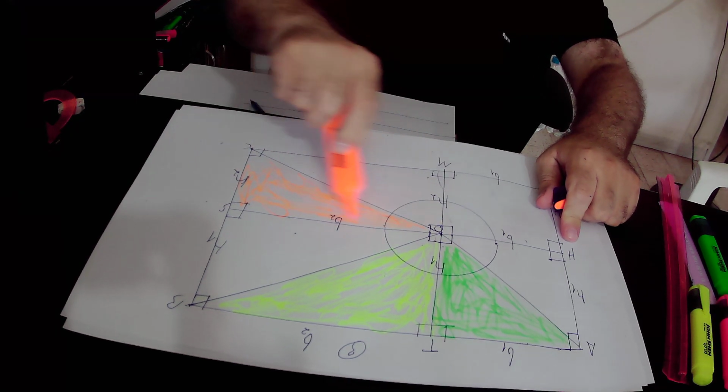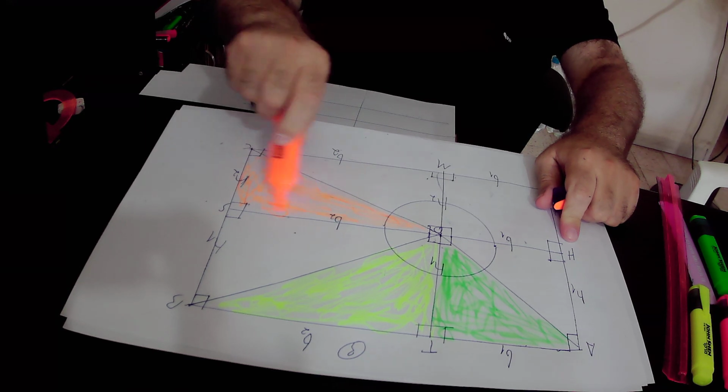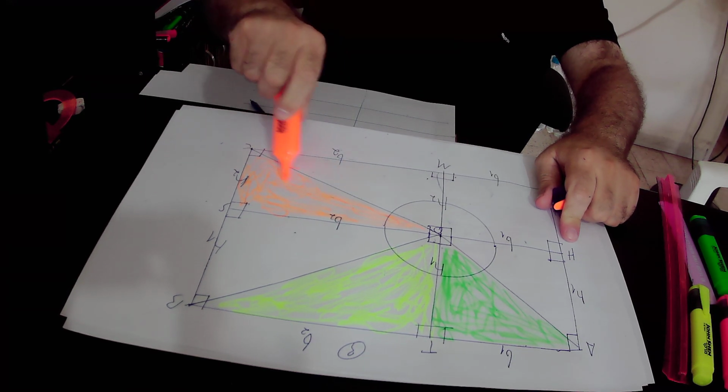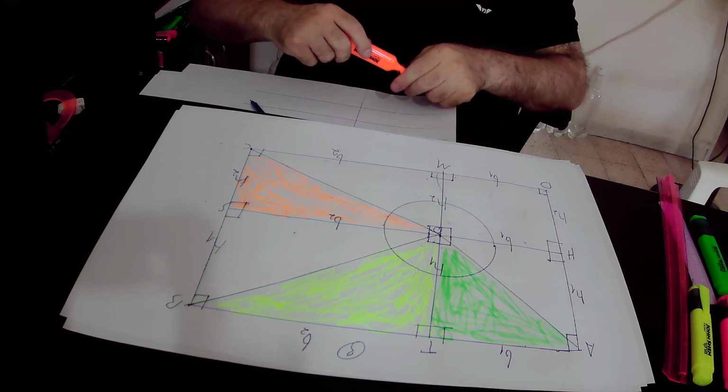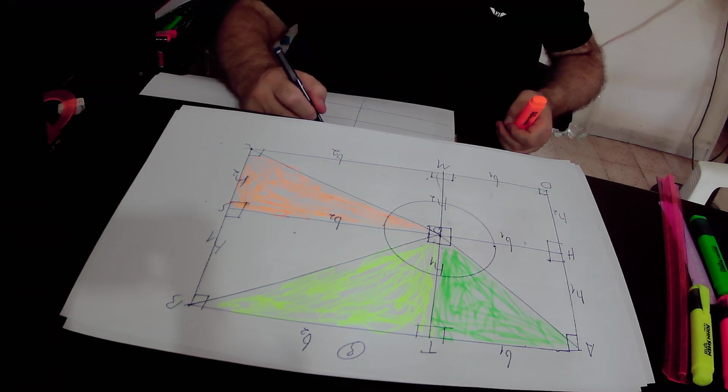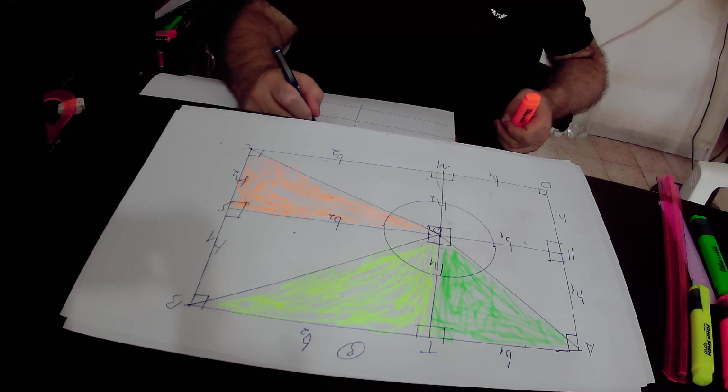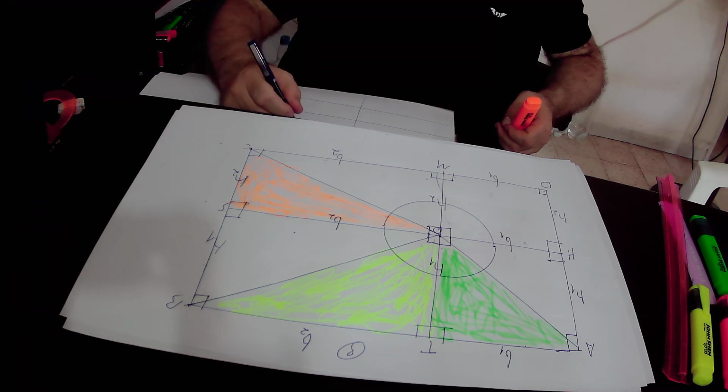We will get that according to the Pythagoras theorem, in the orange right triangle, triangle OCS, CO square equals edge 2 square plus B2 square.